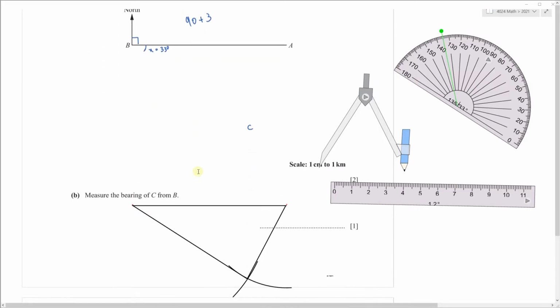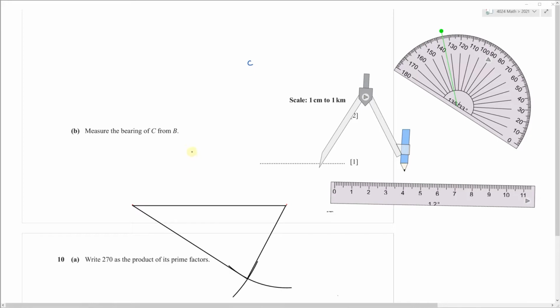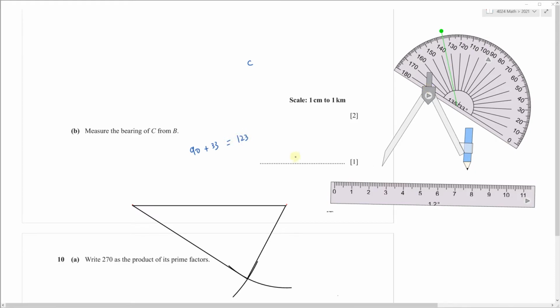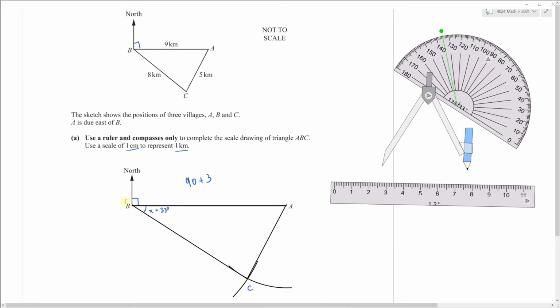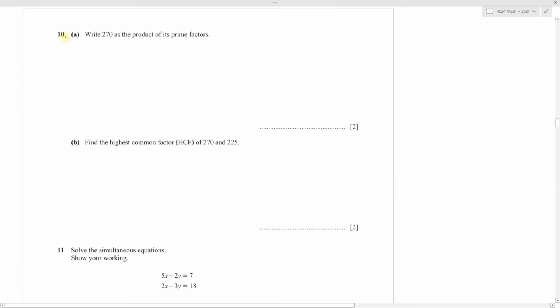If I go back down here, this will be 90 plus 33, which is equal to 123 degrees. So the bearing of village C from village B is 123 degrees. Question number 10, part A is write 270 as the product of its prime factors.